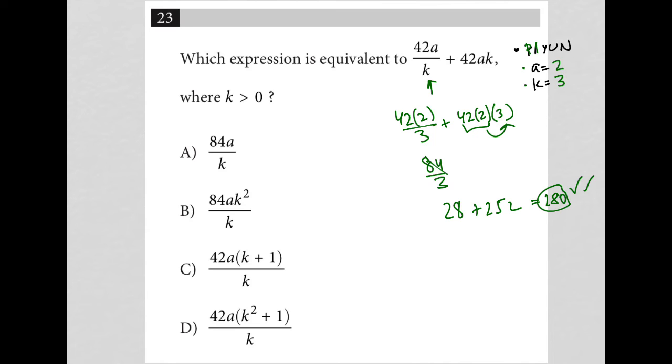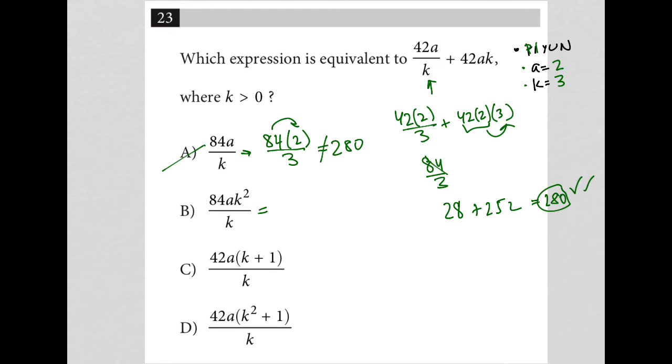So here, what am I trying to figure out? Is it true that 84 times 2 divided by 3 is equal to 280? And we can see right away, 84 times 2, that's 168. And then we're going to divide it, we're going to make it even smaller. So no, that is not equal to 280, so that's gone.